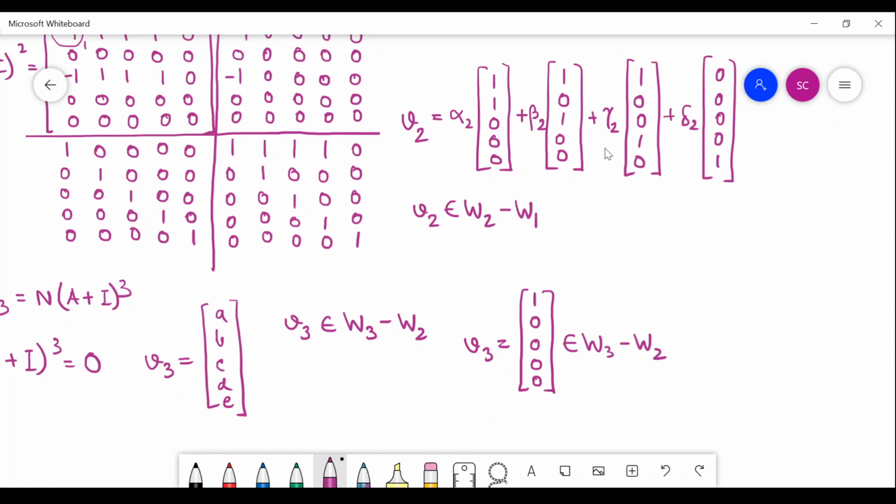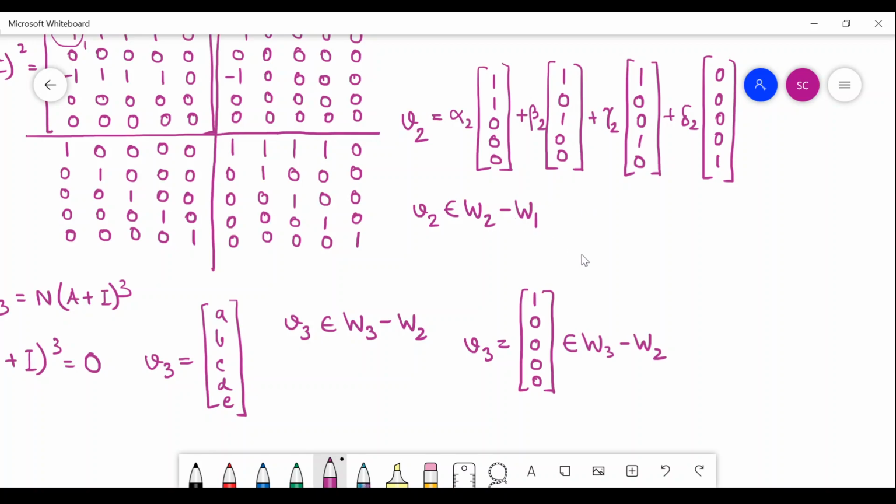So this is one vector which can be easily seen from here, so you don't need to actually check. You can write it down and say that this vector is in W3 but not in W2. You can write phrases like this, that it is evident or by observation.